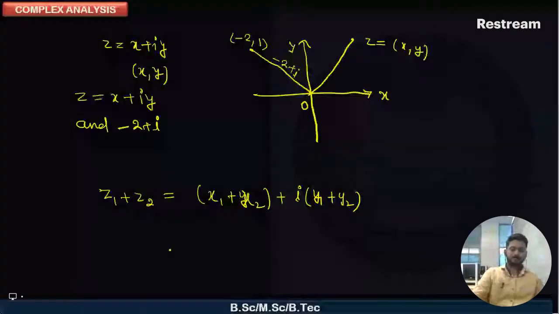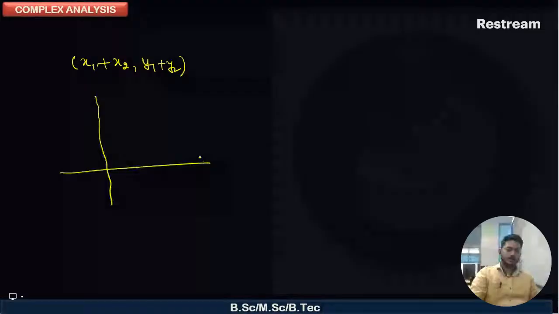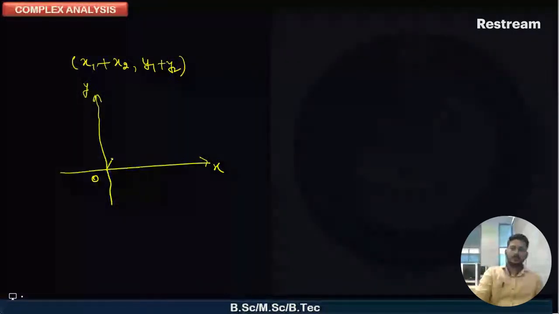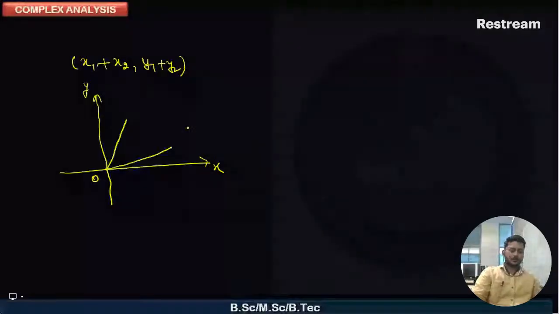Now let's take some points like this: x1 plus x2, y1 plus y2. Now I'm going to draw this graph. Our real part is x and our imaginary part is y. Here we use the origin, and using the distance formula it gives this type of graph.